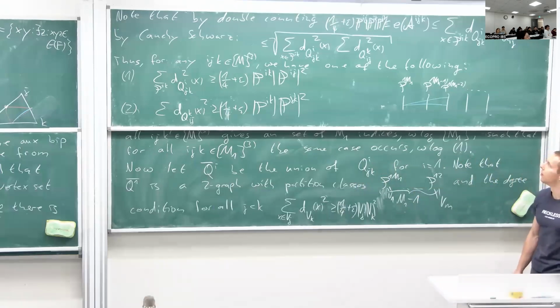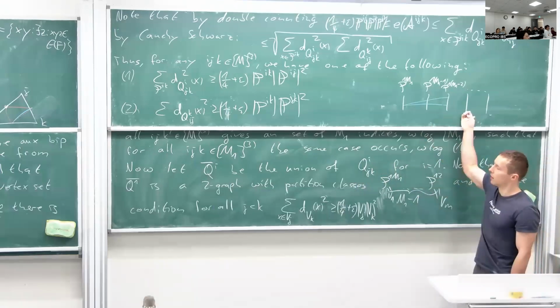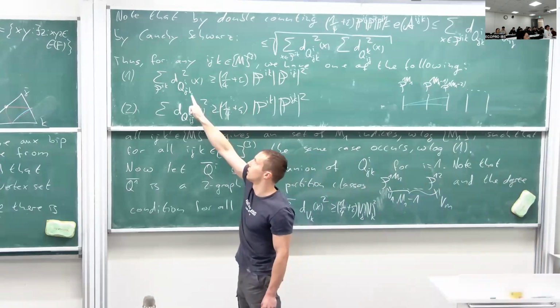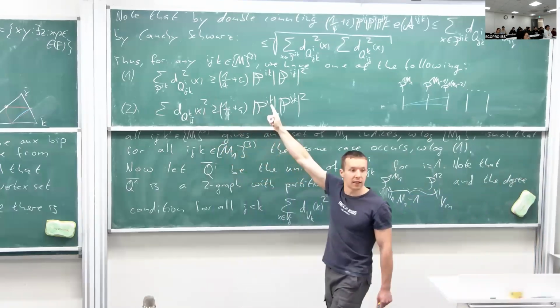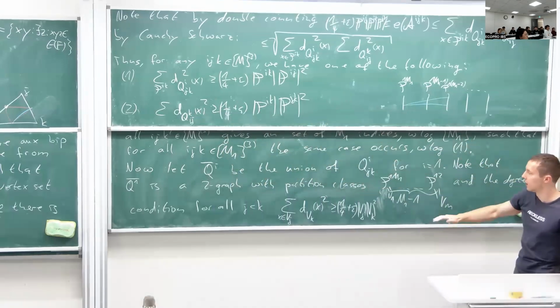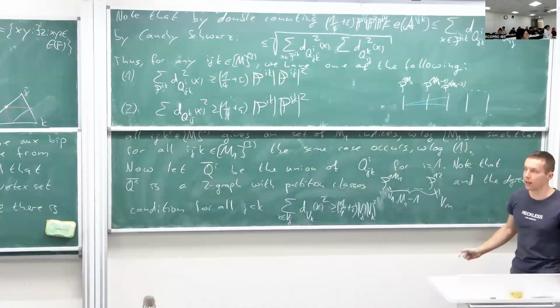Because we have them ordered in this way, and because we always have with our I smaller j smaller k this condition on the degree squared, it translates to this kind of graph.